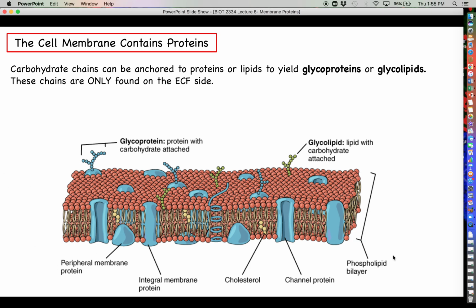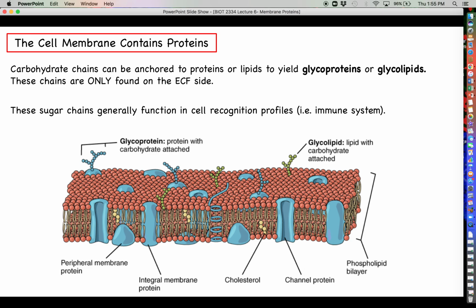You will not ever see carbohydrate chains sticking inward towards the cytoplasm of the cell. So, like we said, these sugar chains are generally going to be a part of cell recognition profiles, basically giving your cells a fingerprint so that your immune system can recognize them, and this forms the basis for things like blood type and other sorts of things.